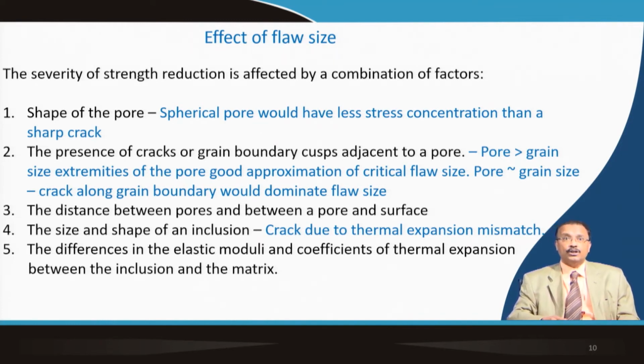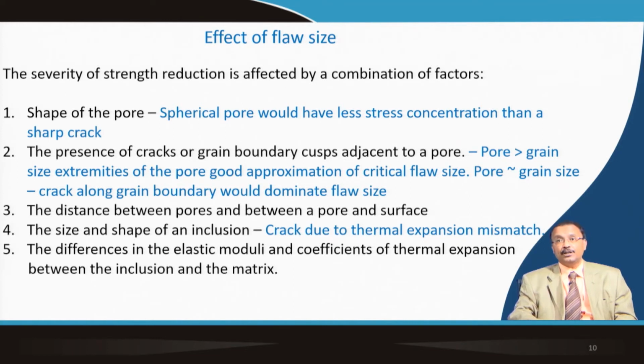Pore shape is one of them: spherical pores will have less stress concentration than a very sharp crack, so it is better to have a spherical pore. The presence of a crack or grain boundary adjacent to the pore will affect the strength of the ceramic. The distance between pores, and between the pore and the surface, is also important.